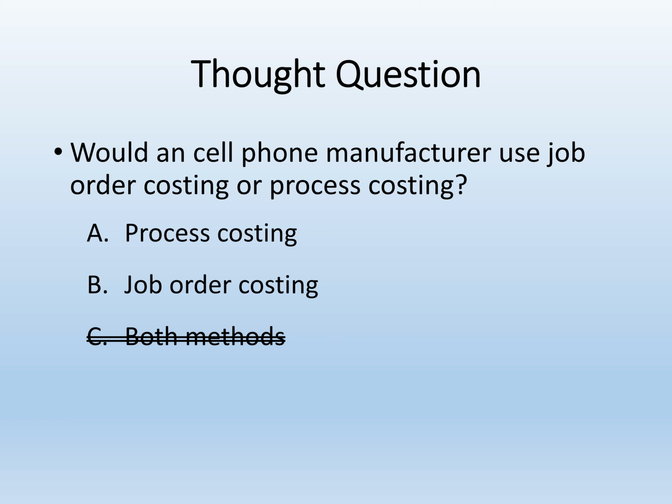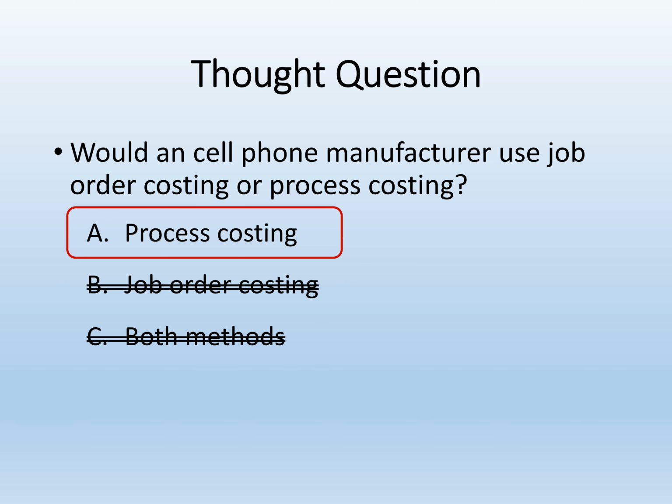Again, both methods is probably not the right answer because they tell different stories. And job order costing isn't the right answer. A firm may make lots of different models of cell phones, but they are all essentially the same in terms of what they need from the firm.